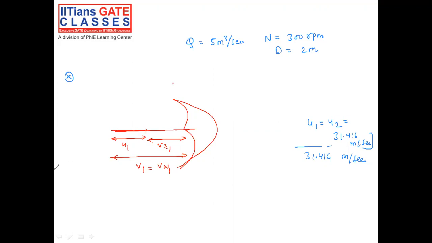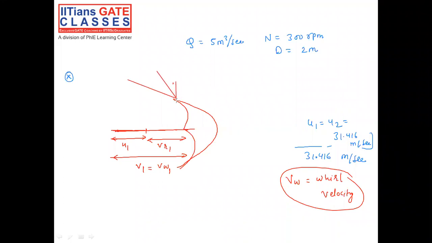The component of velocity which is responsible for the rotation is what? Whirl velocity. Now we can draw the triangle from here. So I'm just sketching a rough view of that.